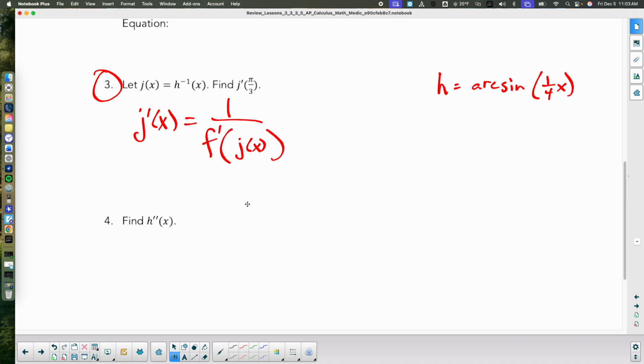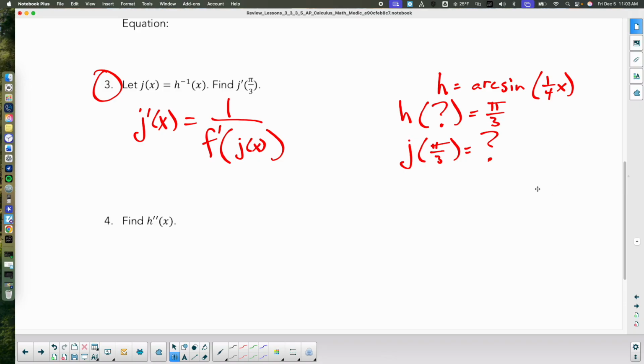So j of pi thirds, j is h inverse. So j of pi thirds, we want to figure out what that is. And that means h of this imaginary number would have pi thirds as an answer.